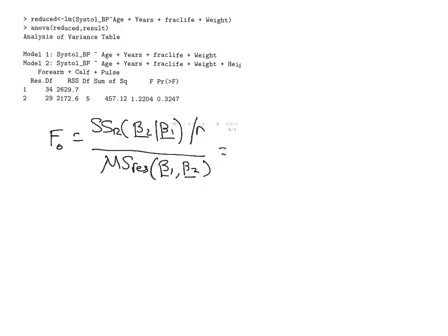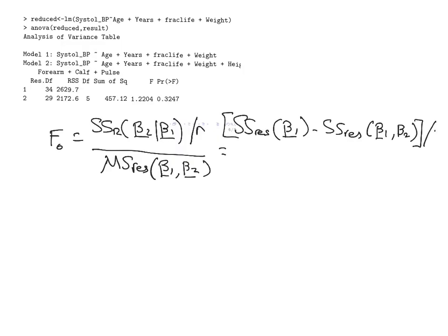So we know we're using the second way to write it in terms of the sum of squares, the residual sum of squares. This becomes the difference in the residual sum of squares of the smaller model and this bigger model, that chunk divided by 5, right? Because we're looking to drop 5, and we are looking at the mean square residuals of the full model.